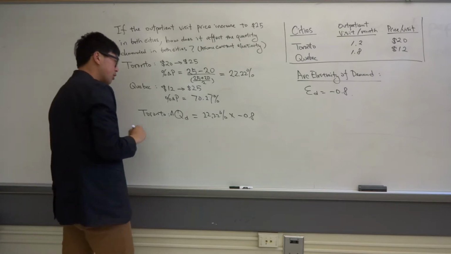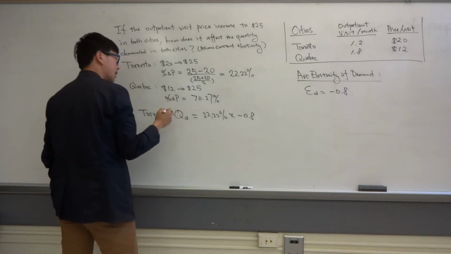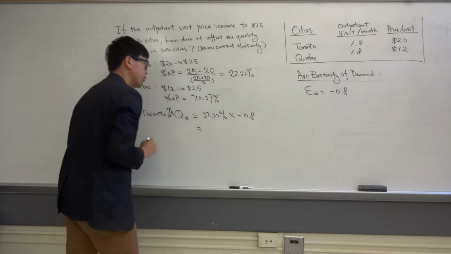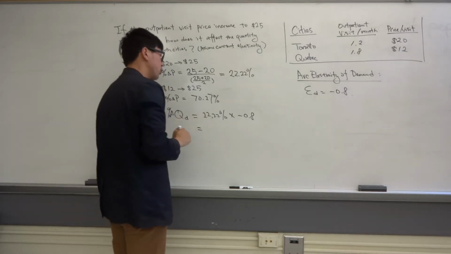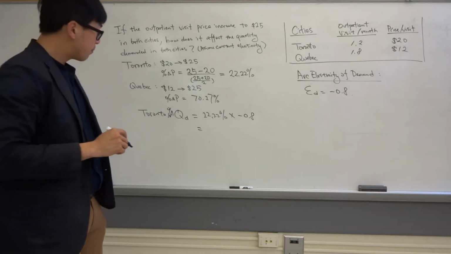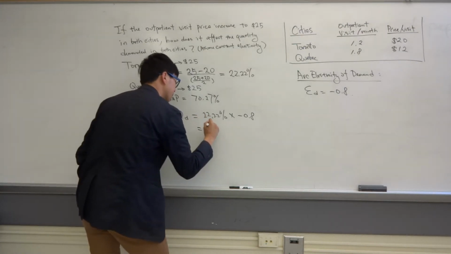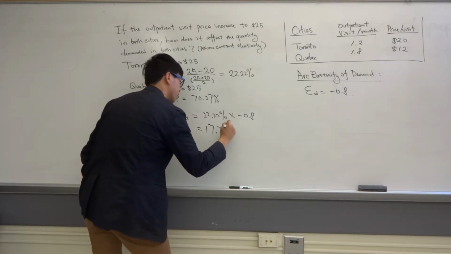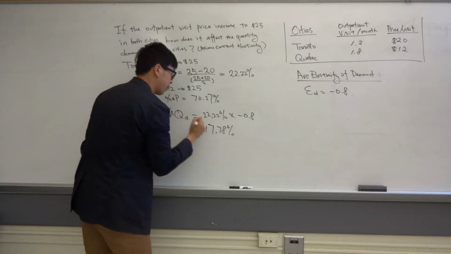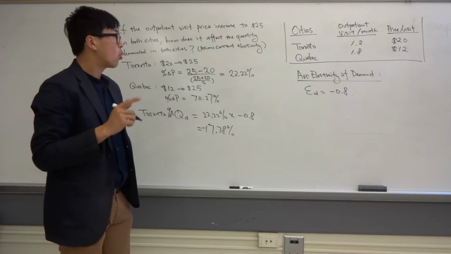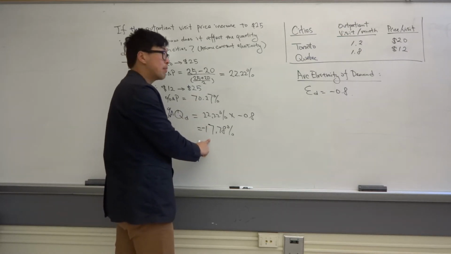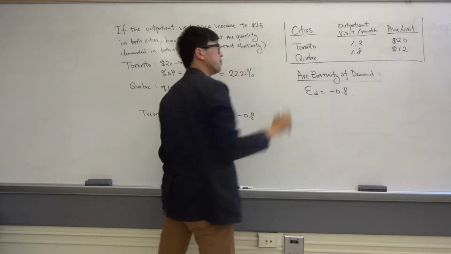We can calculate this percentage change in quantity demanded, which is equal to 22.22% times 0.8, which equals negative 17.78%. Oh, the negative sign is very important. That means the quantity demanded will drop by 17.78% in Toronto.